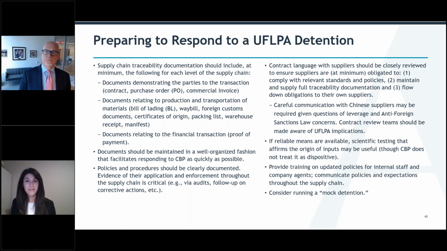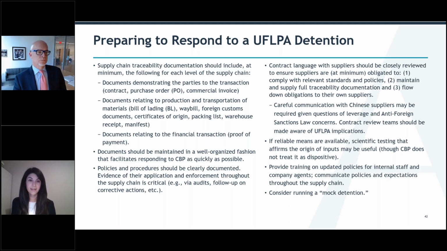So, if an importer receives a UFLPA detention and wishes to either request an applicability review or rebut the presumption, both responses will require the importer to furnish a very detailed set of supply chain documents, showing that either the goods have no connection to the XUAR or that any activities in the XUAR were not conducted with forced labor.